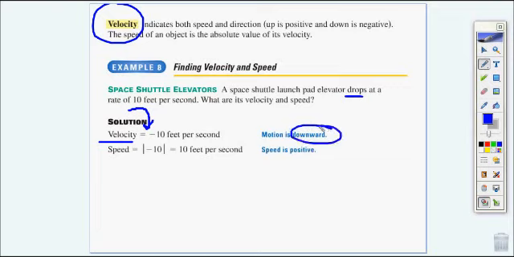However, speed always has to be positive. Speed of an object is always the absolute value. So speed then would be the absolute value of negative 10, or it's moving at 10 feet per second. The velocity told us it was moving downwards. The speed tells us the rate at which it's moving, 10 feet per second.